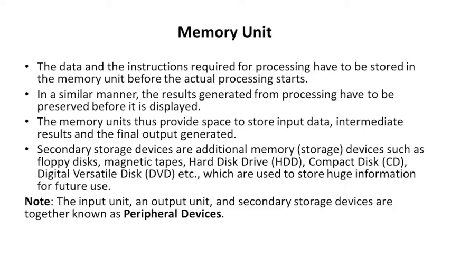The secondary storage devices are additional memory storage devices such as floppy disk, magnetic disk, hard disk drive, compact disk, DVDs. DVD is nothing but digital versatile disc, etc., which are used to store huge information for future use.